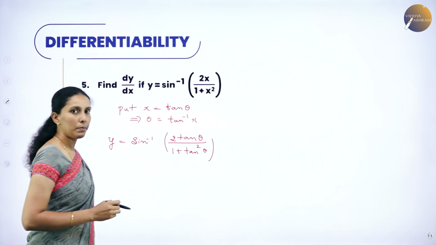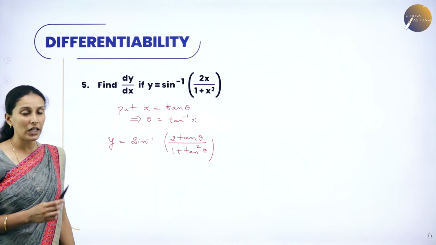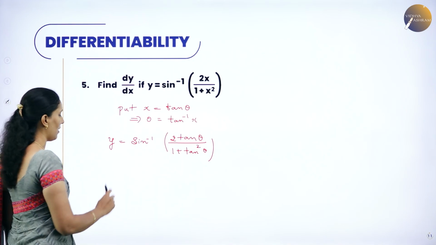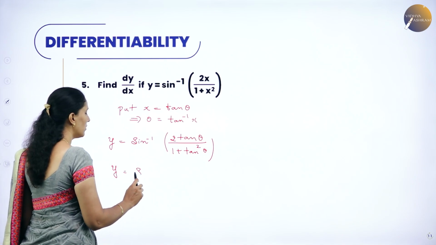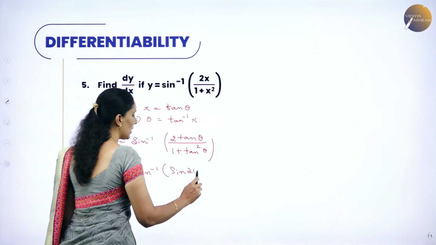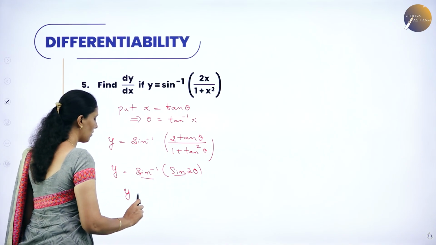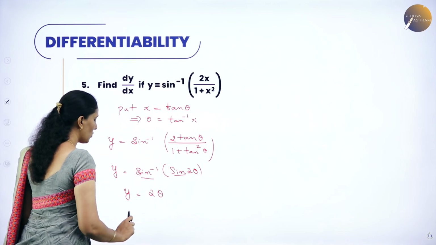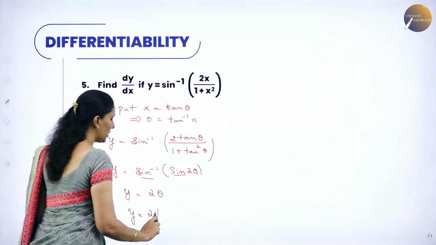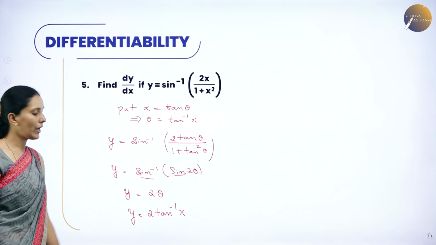Using the multiple angle formula, this is sin 2 theta. So y is equal to sin inverse of sin 2 theta. Sin inverse and sin can be removed, so y is equal to 2 theta, that is, y is equal to 2 into tan inverse x.